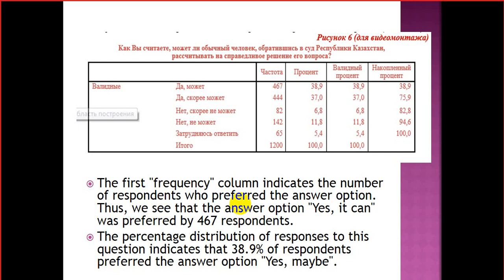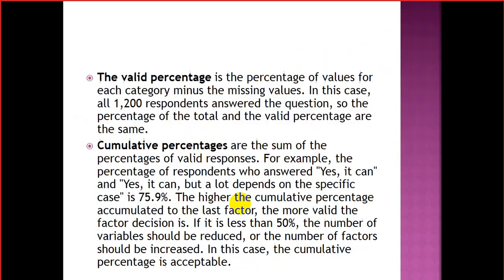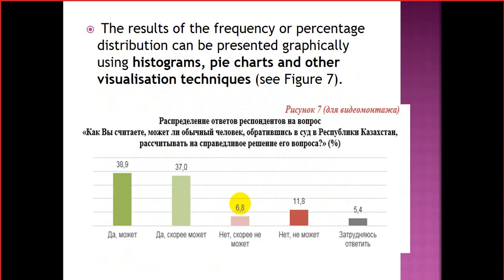If it is less than 50%, the number of variables should be reduced or the number of factors should be increased. In this case, the cumulative percentage is acceptable. So, I spoke about the results of frequency or percentage.